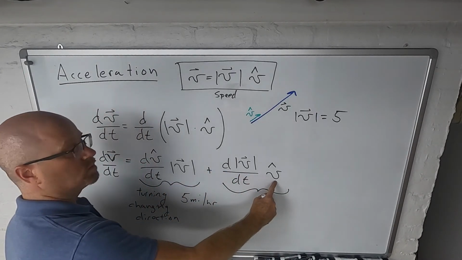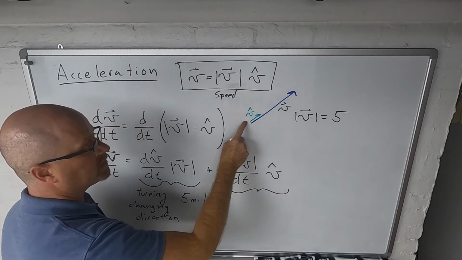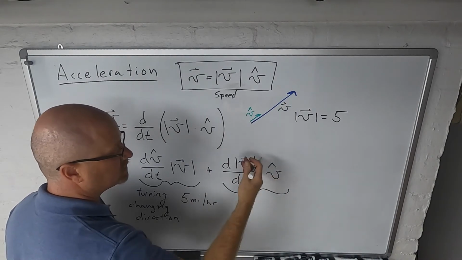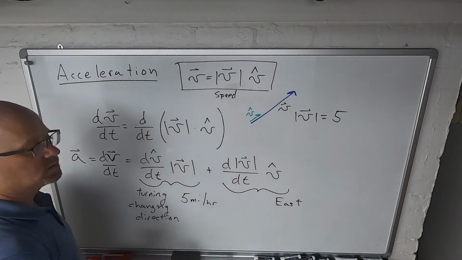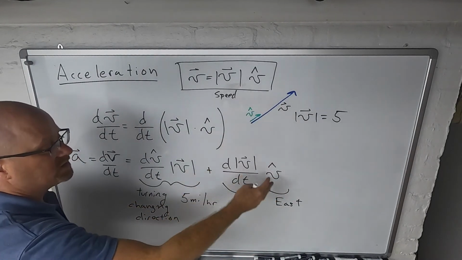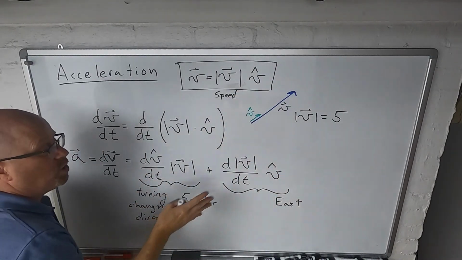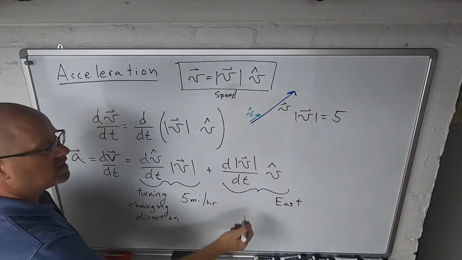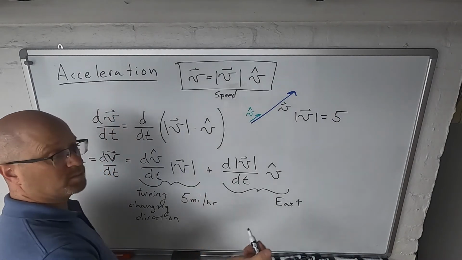Let's look at this piece. This is the direction you're going. So here's my direction, and if my direction is east, then I'm going east. This says, am I going in the same direction? Is this value a constant? It can be a constant, no problem. I can go east, but let's say I push on the gas of my car, or I hit the brakes, one or the other.